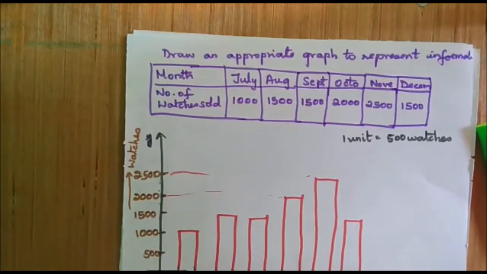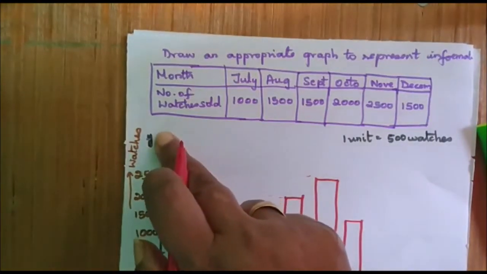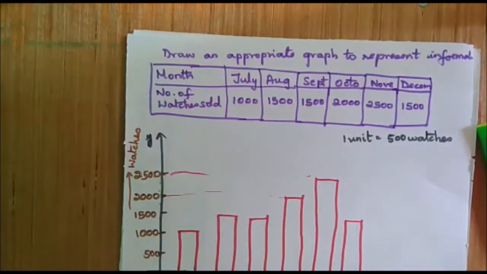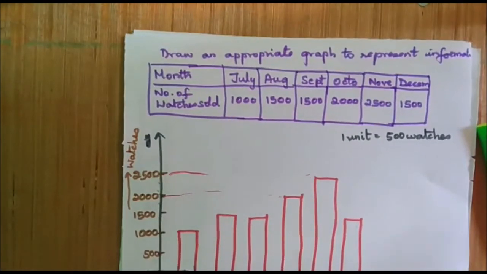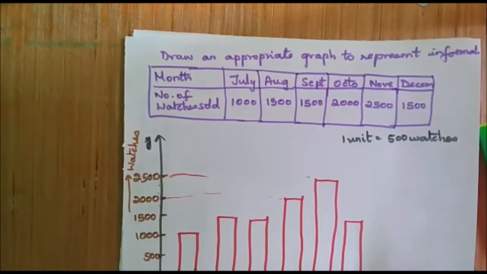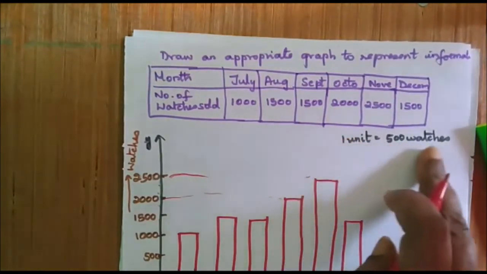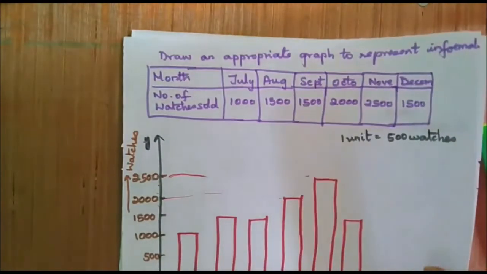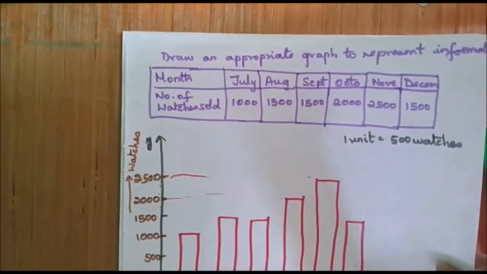On the x-axis I will have the months July, August, September, October, November and December, and here I have denoted the watches. This is how we represent data using a bar graph. I hope you understood this because you have done such graphs in your lower classes. The scale is an important one. Please don't forget to write the scale.